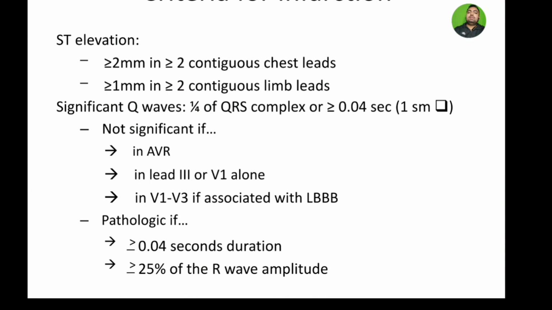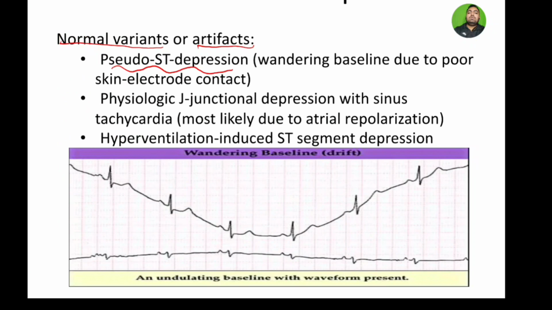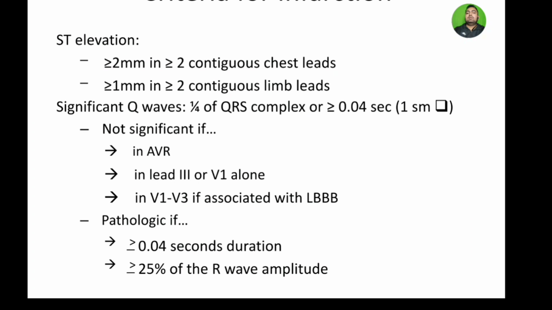Now these are the criteria for infarction. Whatever we had seen earlier were the criteria of ischemia, and these are the criteria of infarction. So what is considered significant ST elevation? Greater than 1 millimeter of elevation in greater than or equal to 2 contiguous limb leads, for example 1, 2, 3, aVR, aVL and aVF.